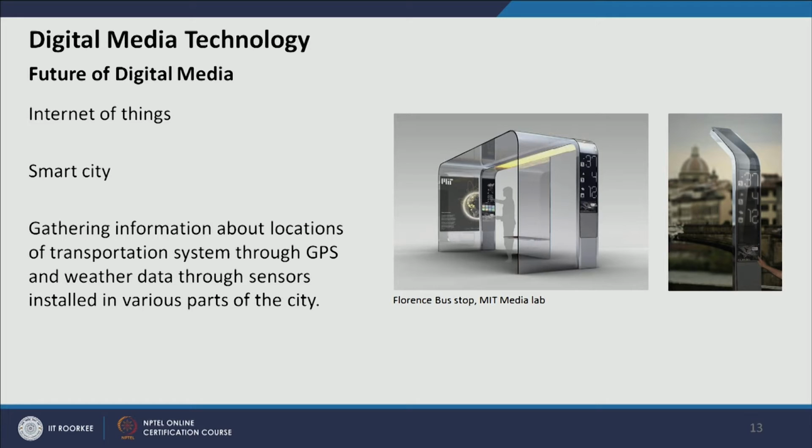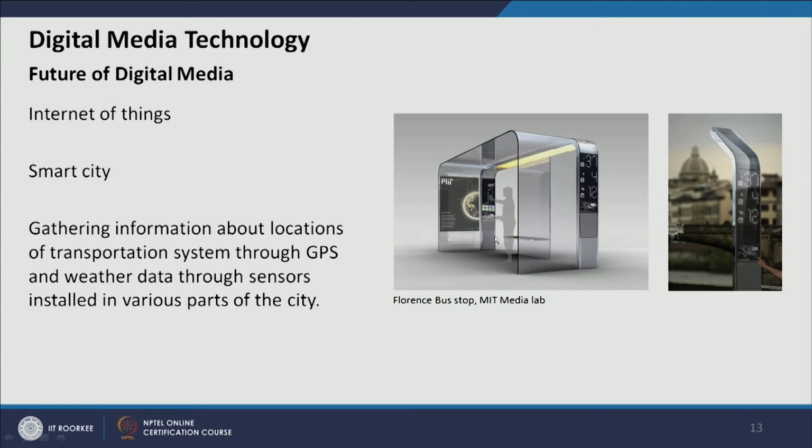The location of the buses and all this information will be tracked by the GPS system, and even the map of the city is given. The climatological sensors will collect the climatic data, for example humidity, temperature, and time, and all these things will be displayed on this digital system.